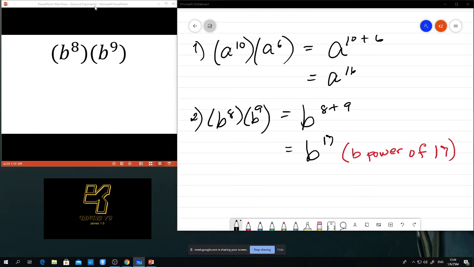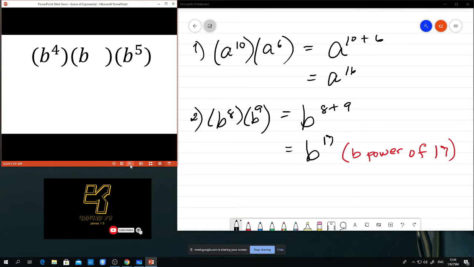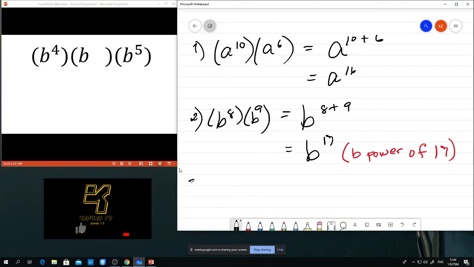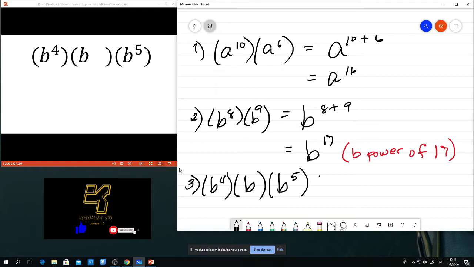Next. How about this one? We have b power of 4 times b times b power of 5. Remember the first law of exponents, right? This is b, so it means that it has a power of 1. All rational numbers.